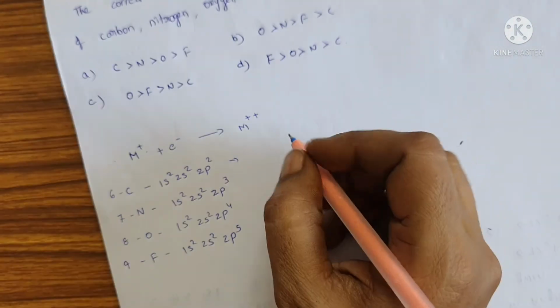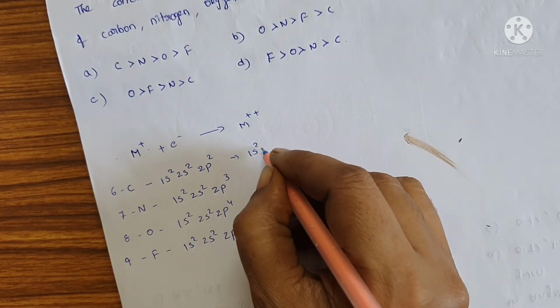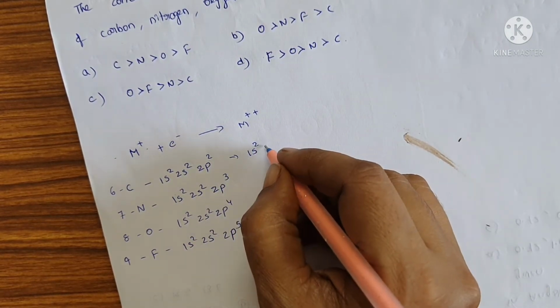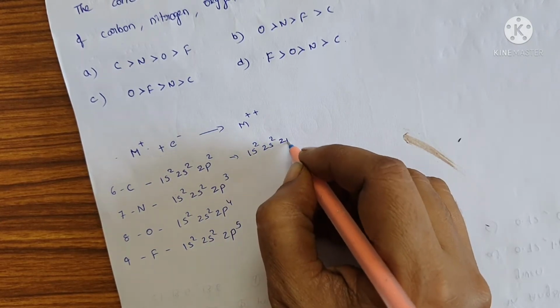For the first ionization potential, we take one electron from the outermost configuration, 1s2, 2s2, 2p2. Whenever C+ is formed, the configuration is 1s2, 2s2, 2p1.